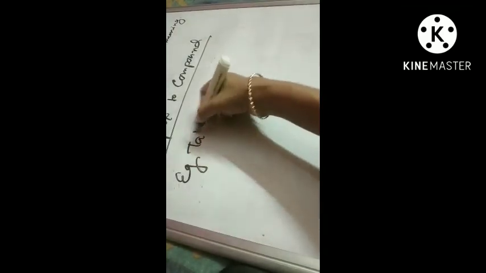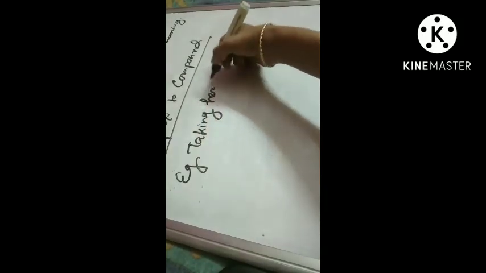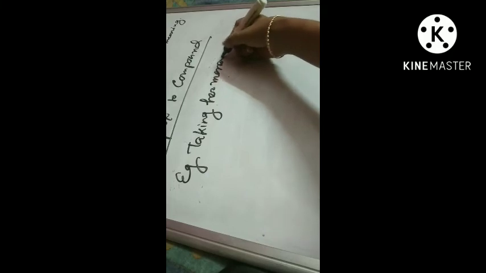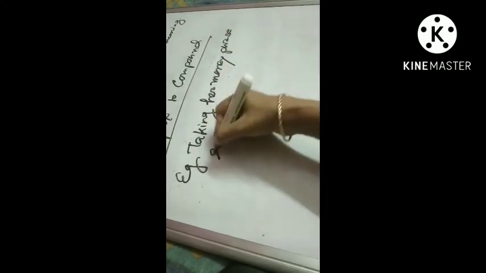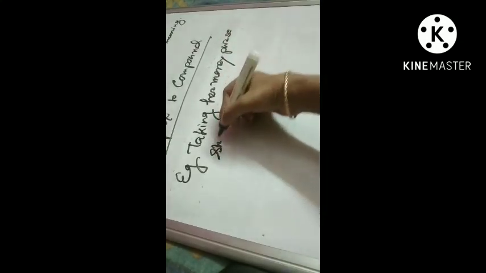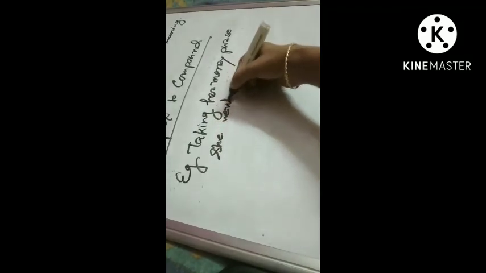As we know, a compound sentence has two independent clauses. Suppose, we take the example: Taking her money purse, she went to the market.